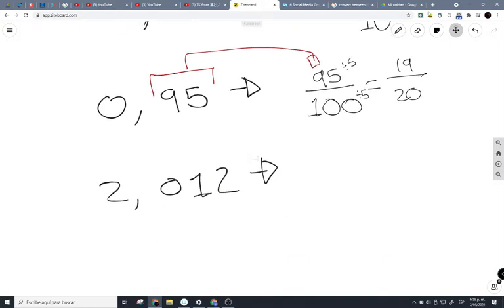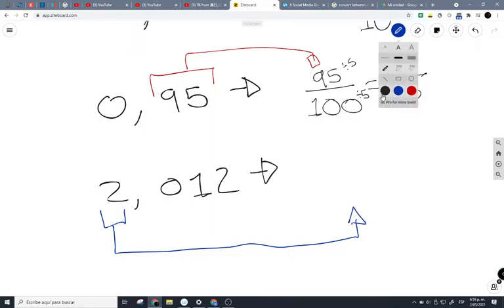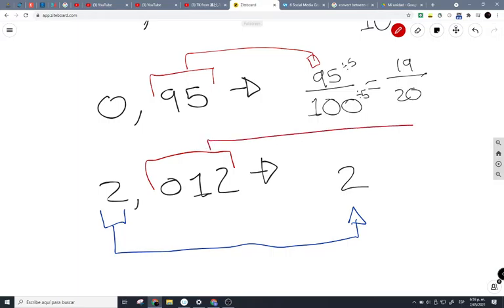And now let's go to our next example. Here we have a whole part. We have a number before the comma, so that is going to be also the whole part of our mixed number. Okay, 2. But after the comma we have these numbers. So here we are going to make another fraction, 0,12 over 1, because remember it's always a 1 followed by zeros.